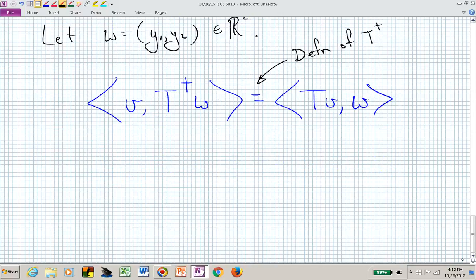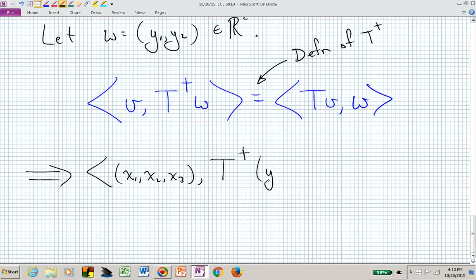And what we're going to do is work our way through this and then start equating coordinates or components in these inner products. So let's now say that we have V, comma, T dagger W, so that now we have V, which was this 3 vector, inner product with T dagger W, but W was Y1, Y2.